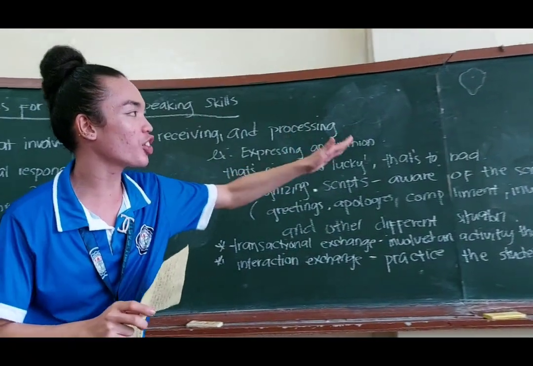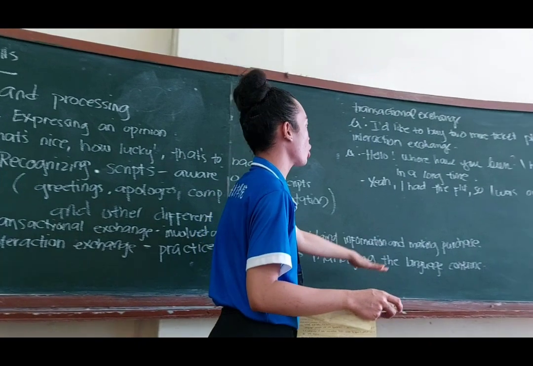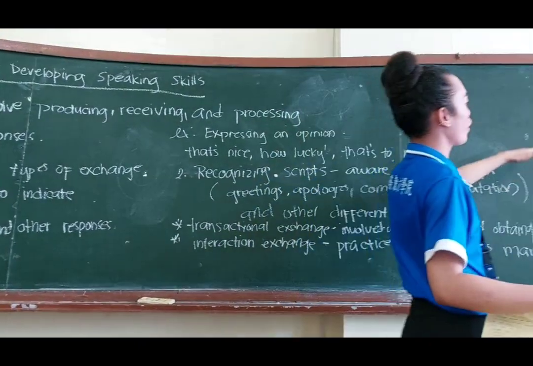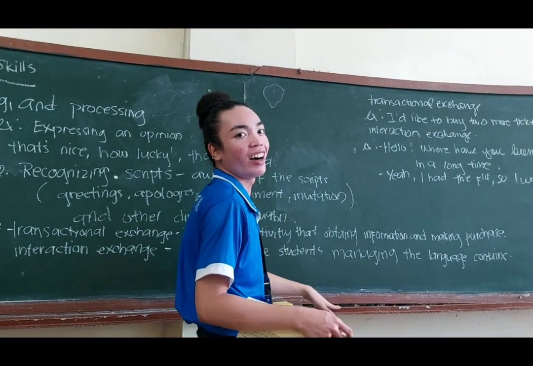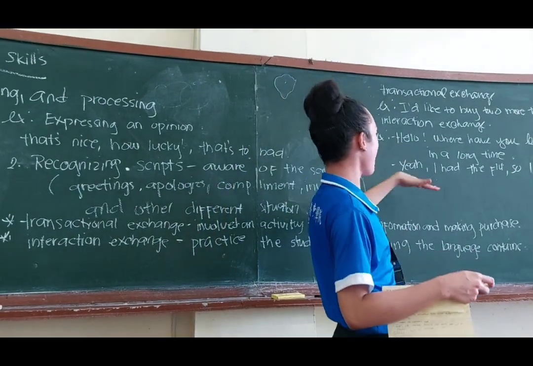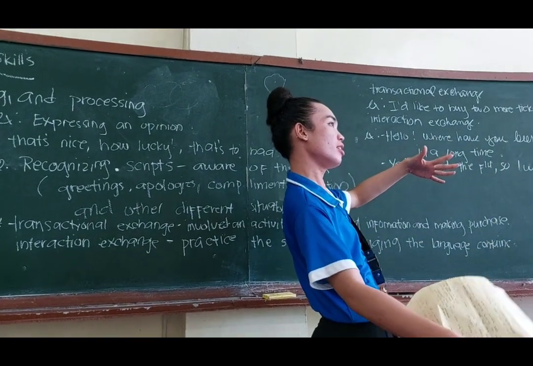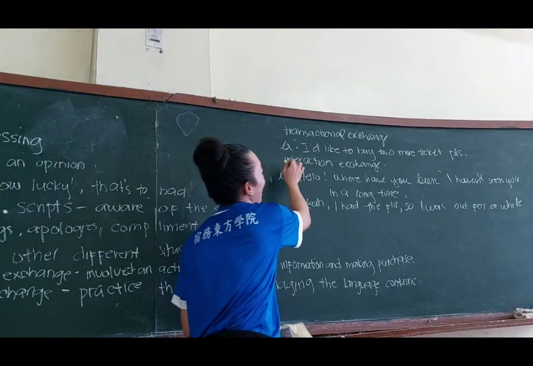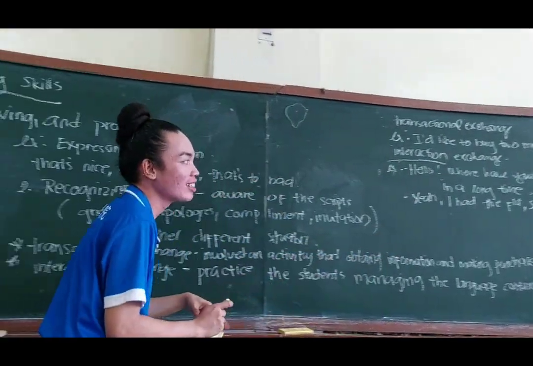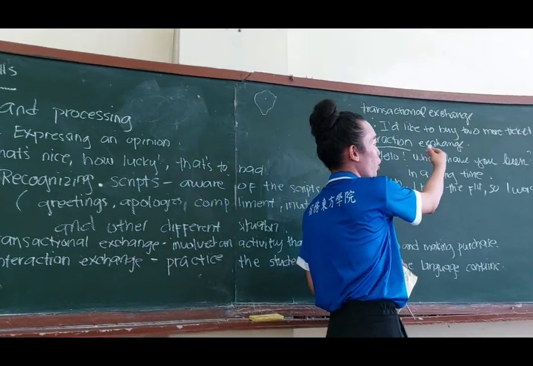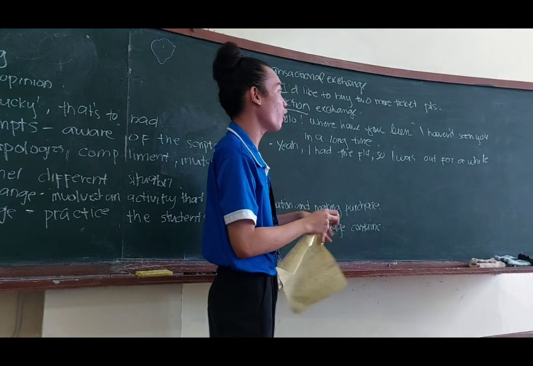So that's under interaction exchange. It practices students managing the language, and of course the word is interaction. So both are interacting, exchanging information. Hello, where have you been? I haven't seen you in a long time. Yeah, I had the flu, so I was out for a while.